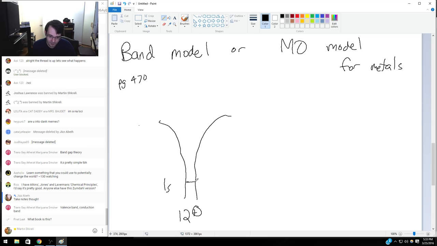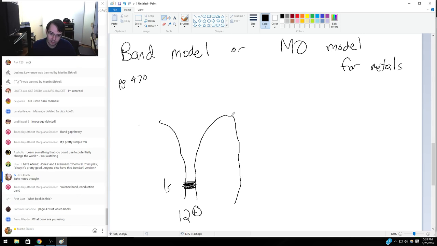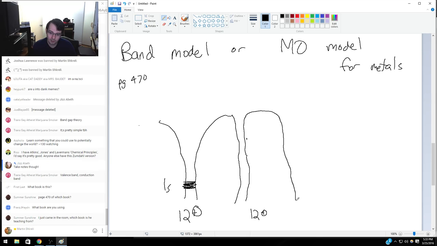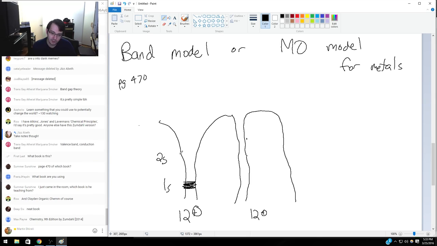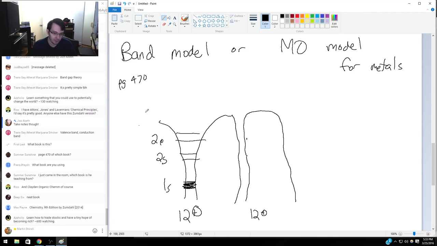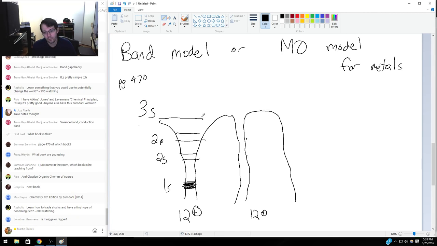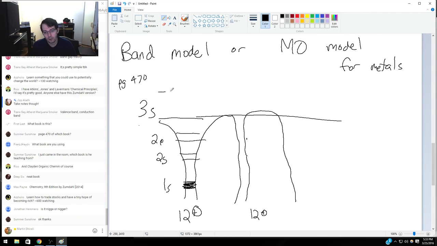The 1s is not going to be shared, it's too close to the nucleus. But as you get further from the nucleus, here's the 2s, here's the 2p, and here's finally the 3s. And it's sort of open for all of the nuclei to share.